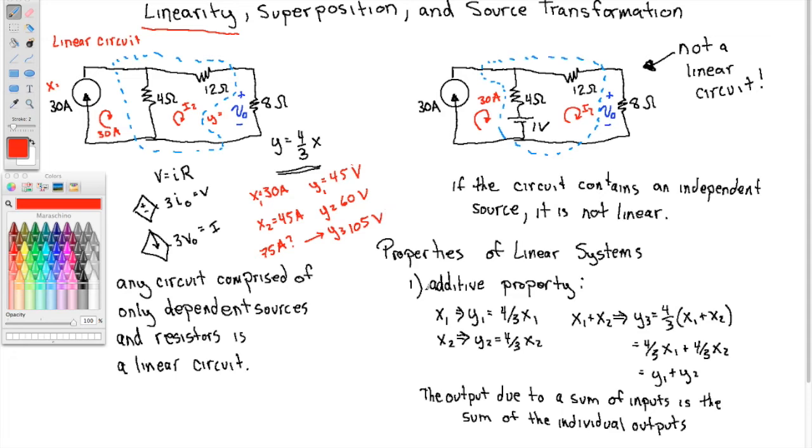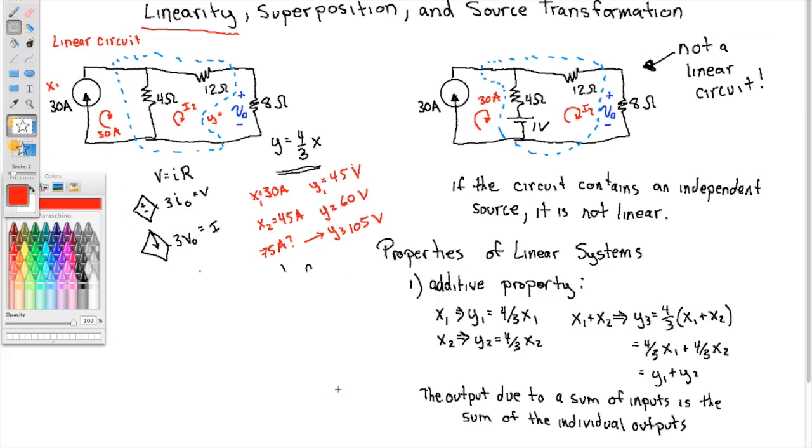That's the additive property of linear systems. Okay, the second property is called the homogeneity.